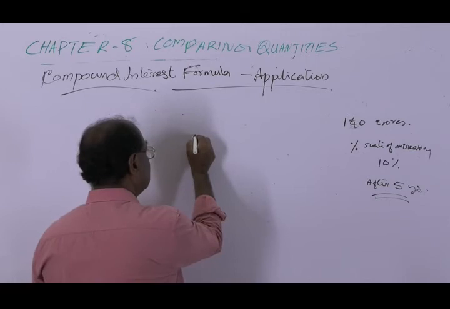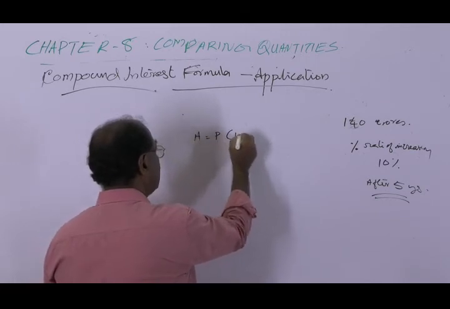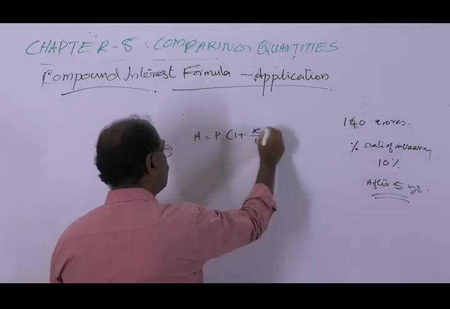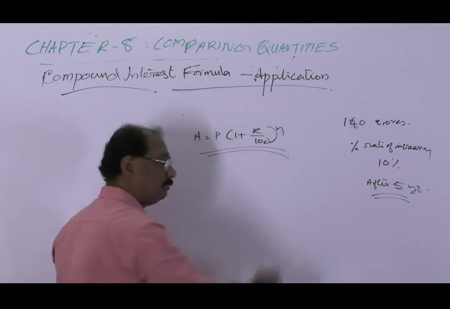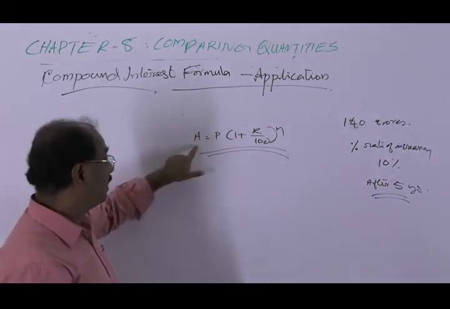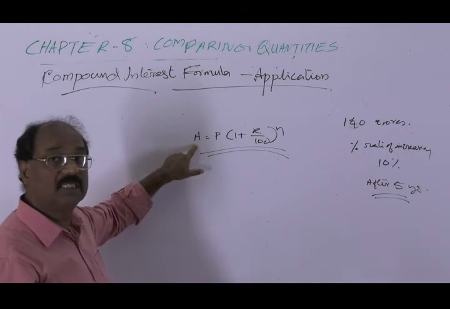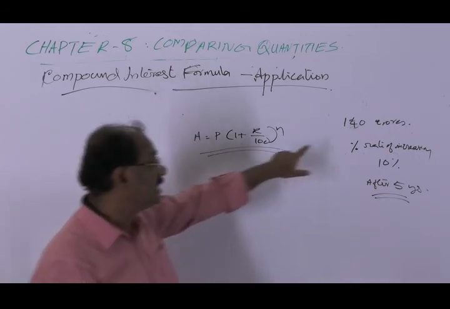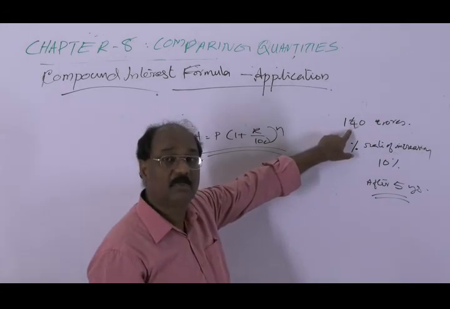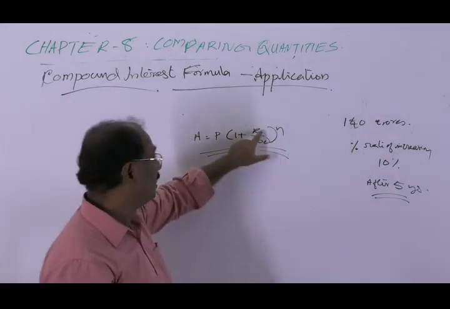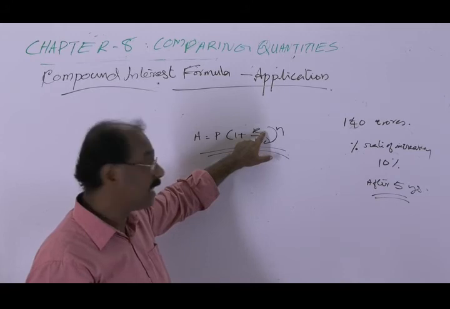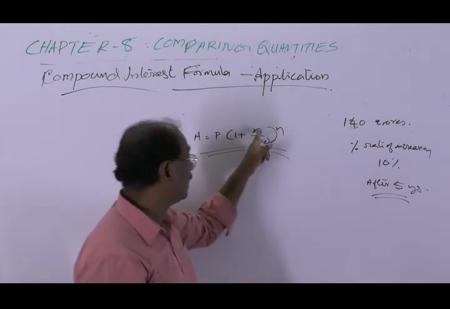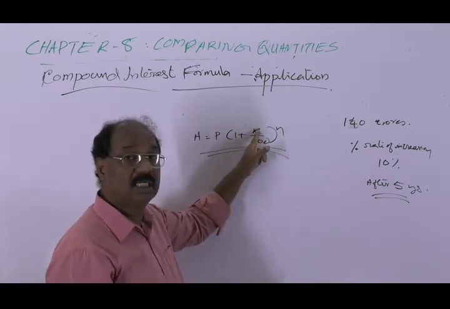So A is equal to P into 1 plus R by 100 all raised to N, this formula. Here A is the total population. P is the principal amount, meaning the initial population, 140. In place of the interest rate, the growth rate is 10, so R is 10.